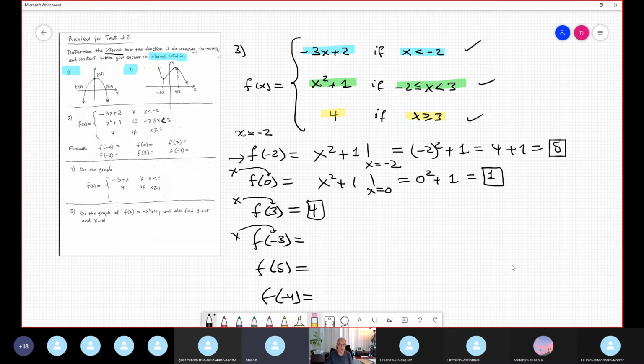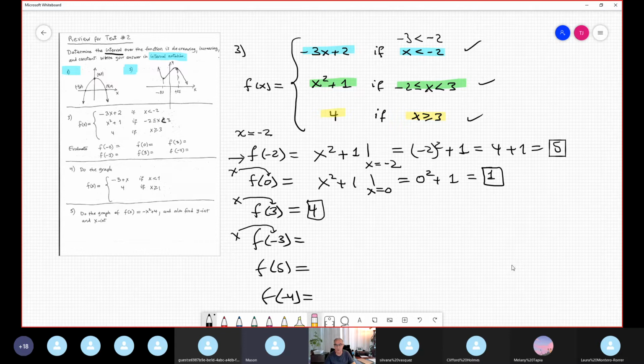Negative 3. Now it's your turn. Does negative 3 belong to the yellow, green, or blue? Blue. You're right, blue. One fantastic way to see that is mentally plugging in x equal minus 3, less than minus 2.